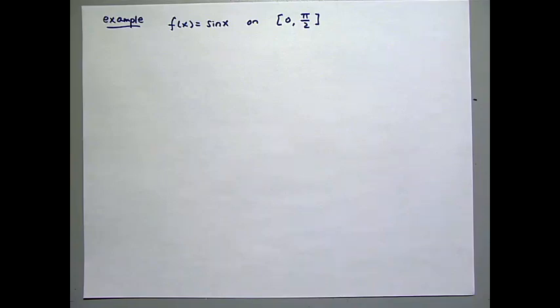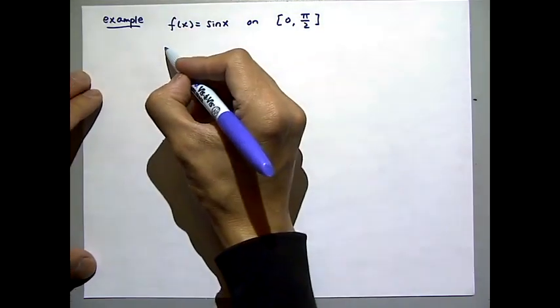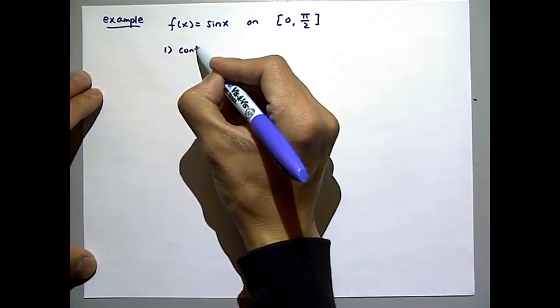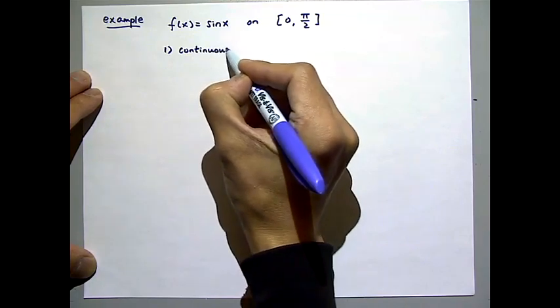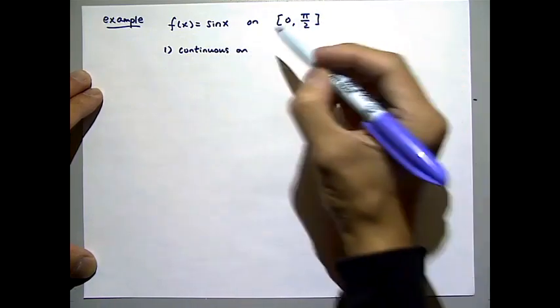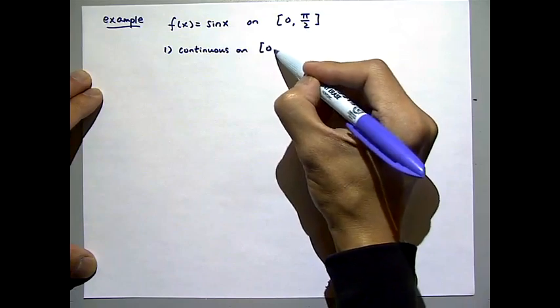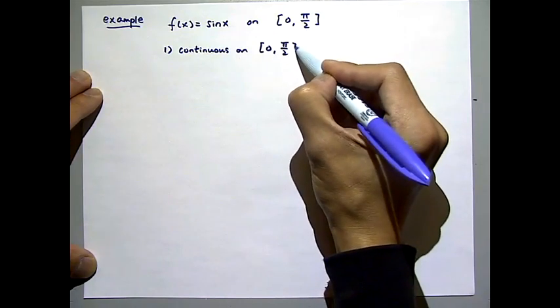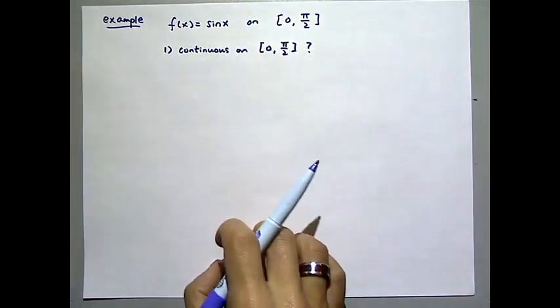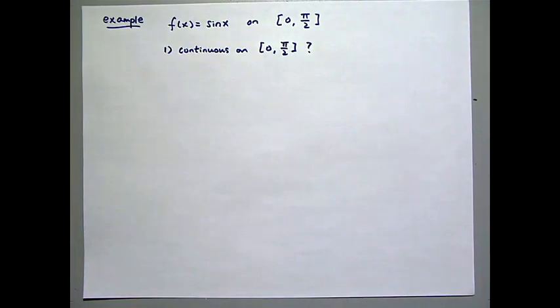Go through the two requirements. They're exactly the same as Rolle's theorem's requirements. Is sine of x continuous from 0 to pi over 2? Yeah, that should be pretty obvious, right? We know what sine looks like. It's just going up and down. It's always defined.